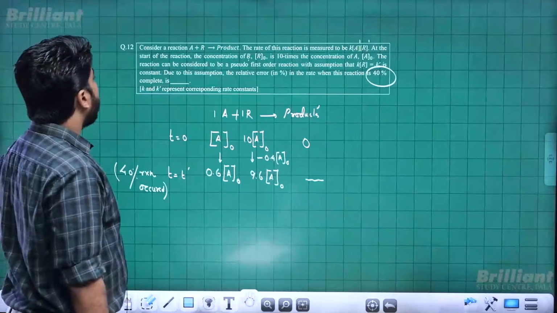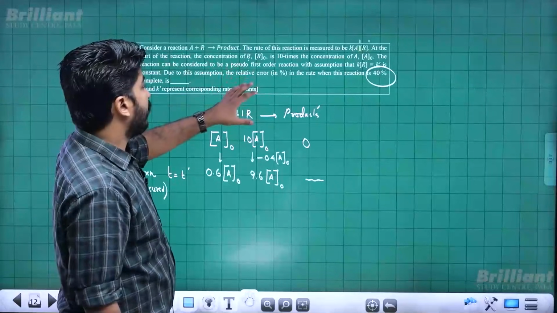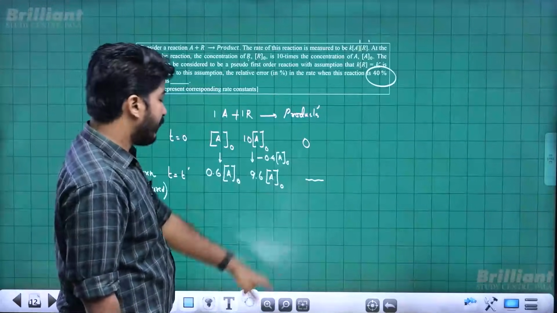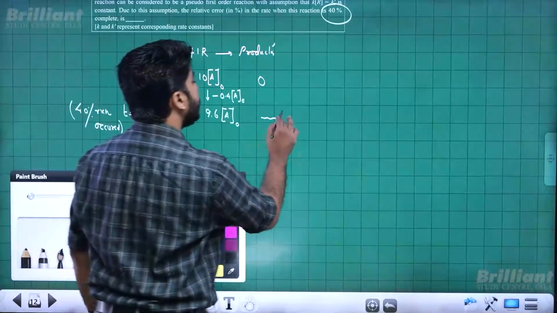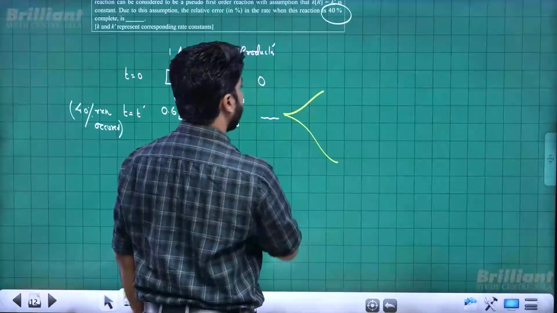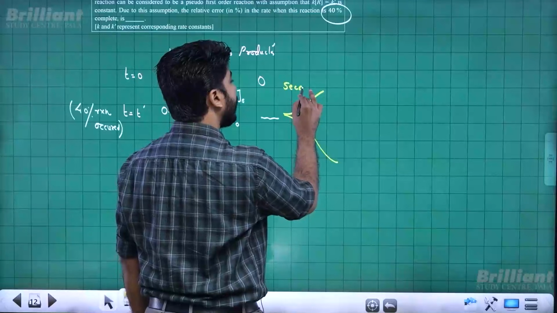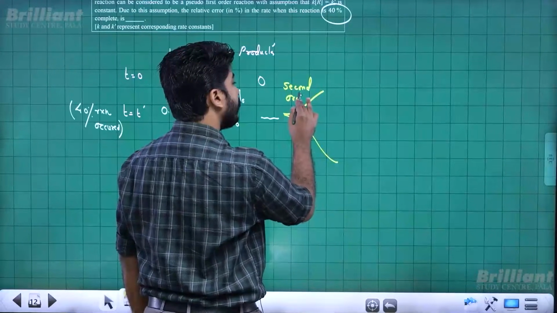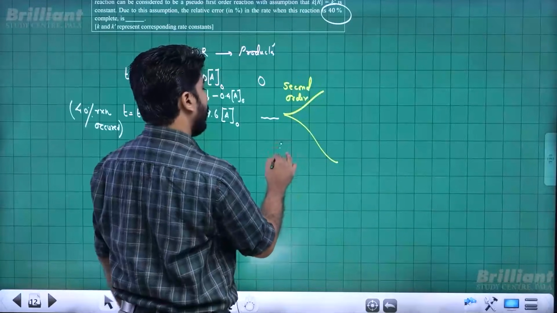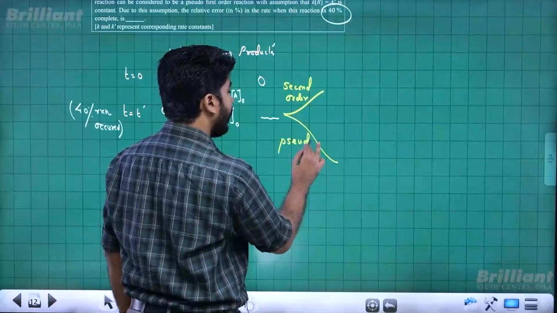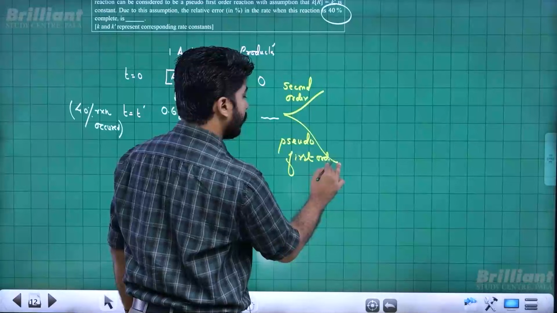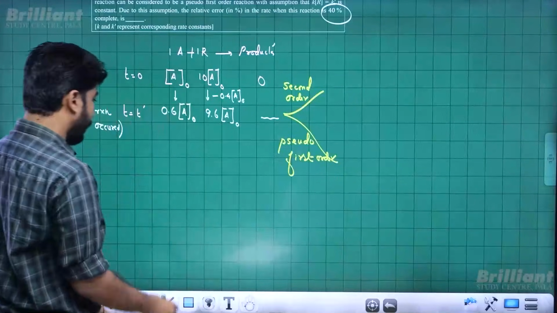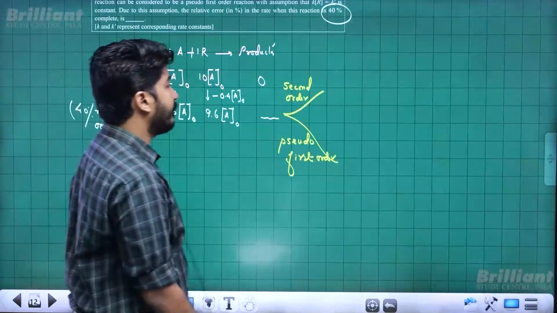So what we actually want is the error in the rate at the 40% stage. So at the 40% stage, if we assume it as a second order reaction, that is the real case, and if we approximate it to a pseudo first order reaction, we will be getting two different values for the rate.